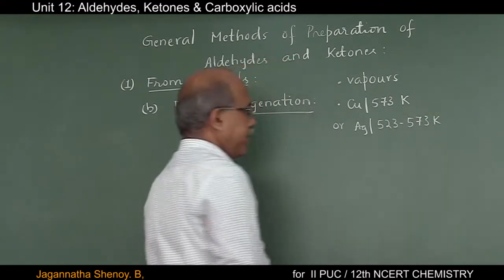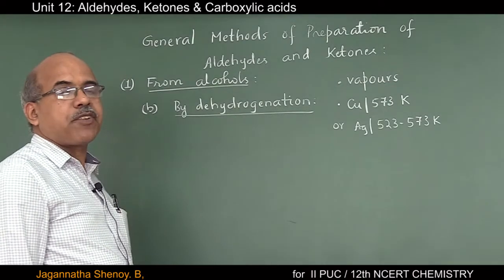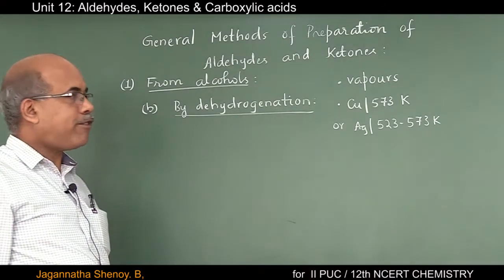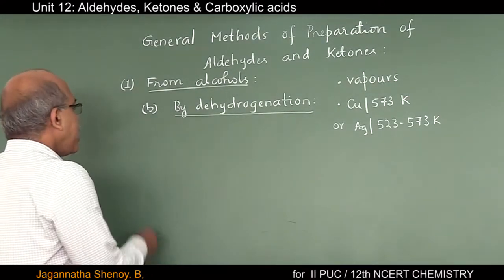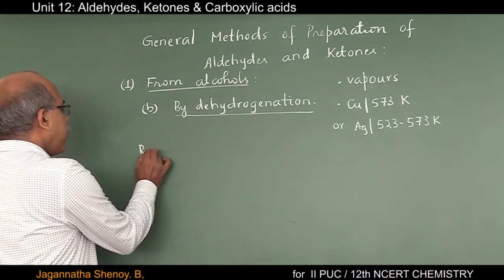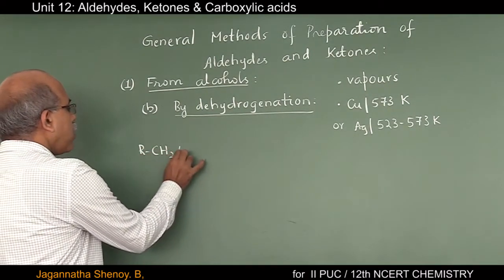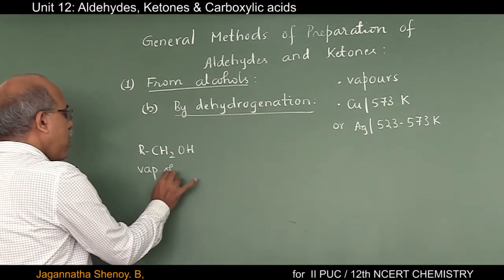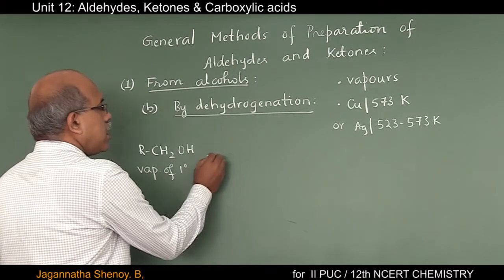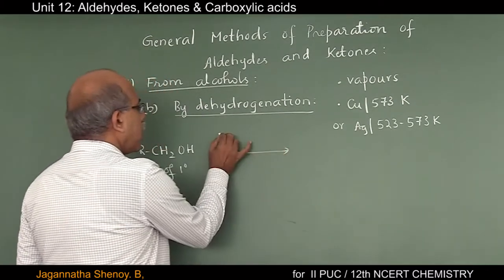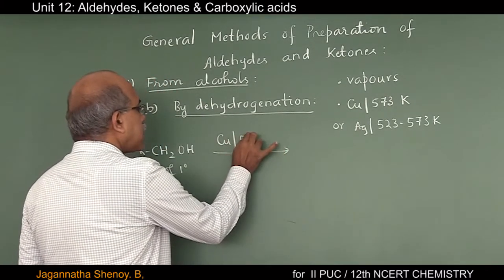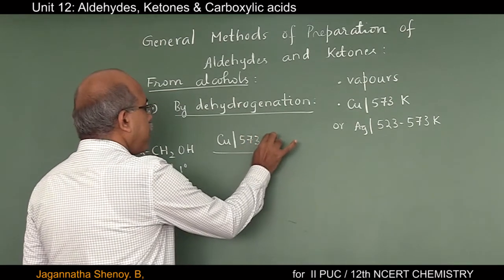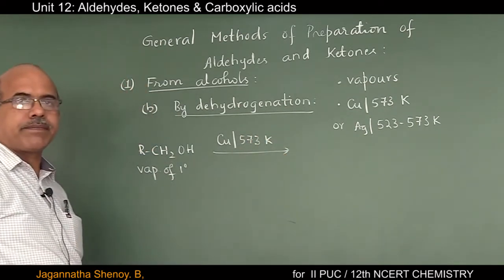What way I can represent the equation for the reaction? Again, I'll start from vapors of primary alcohol, and these vapors of primary alcohol should be passed over heated copper catalyst at 573 Kelvin.